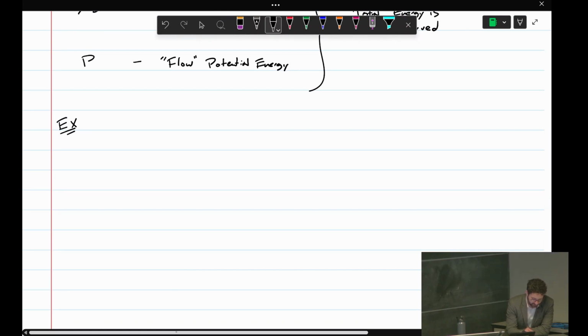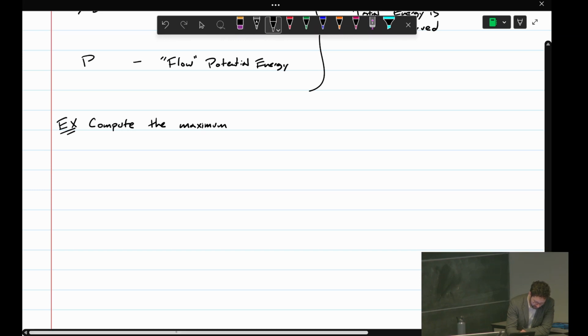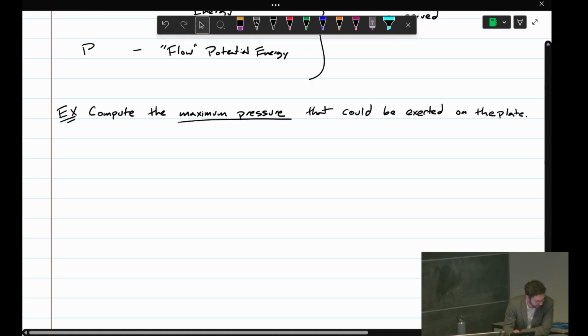So the goal of this example is compute the maximum pressure that could be exerted on the plate. So we want to compute the maximum pressure.